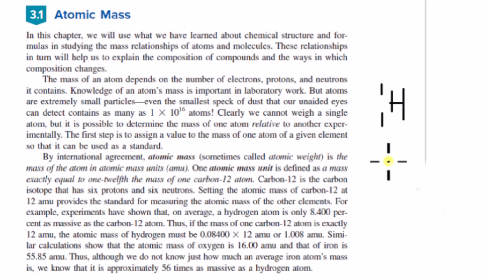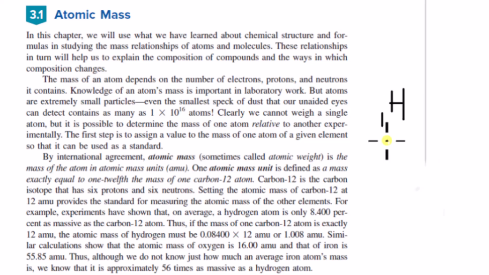You could maybe put some oxygen atoms into this spectrometer and determine that, I'm just throwing numbers out here, this oxygen isotope has 8 times as much mass as this hydrogen isotope, right? You're not saying anything specific about the hydrogen isotope or the oxygen isotope, because you can't just put them by themselves on a scale, but you can make a relative statement between the two.